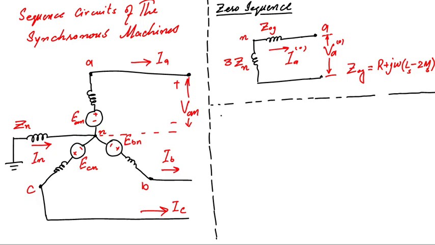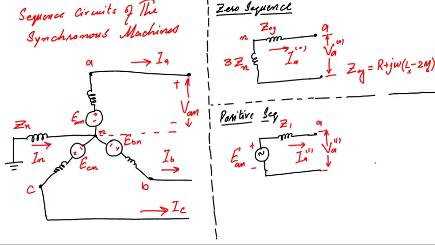And positive sequence, this is positive sequence circuit of the generator, and here we can see an induced EMF is in series with the positive sequence impedance of the generator. So terminal voltage via positive sequence will be induced EMF minus voltage drop across this impedance due to current IA positive sequence.